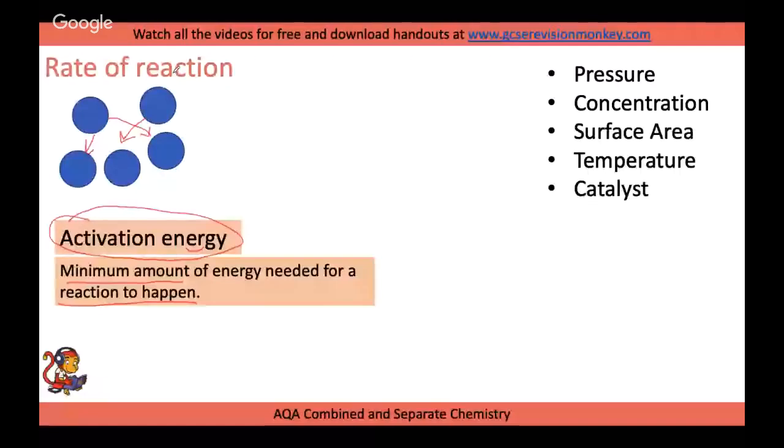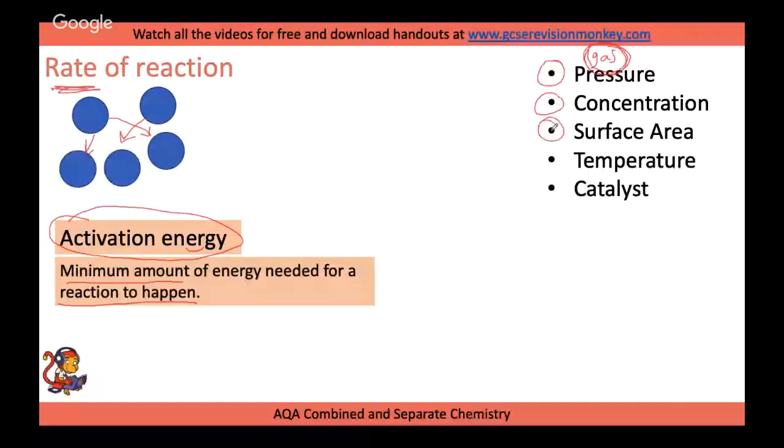So when we're talking about rate of reaction, how quickly a reaction is happening, we are talking about collisions and collision theory. Here are some things that can affect the rate of reaction. Pressure, if we're talking about the example of gases reacting. So only think about pressure in terms of gases reacting. Concentration, so you're looking at things like solutions that you've got, acids and things like that.